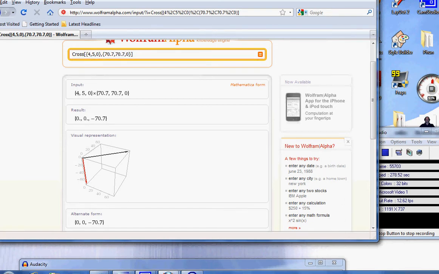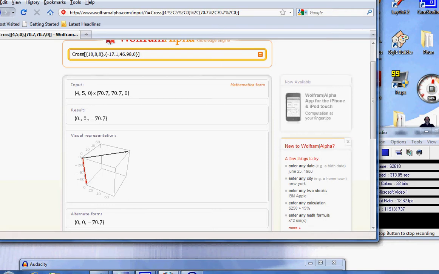I'm going to calculate the second cross product, which is 10, 0, 0, and in this case we said it was minus 17.1, 46.98, 0.